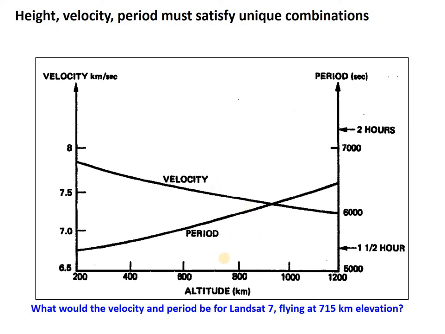So we could use a figure like this to ask, what would the velocity and period be for Landsat 7 flying at 715 kilometer elevation? It would have a period of somewhere between 1.5 and 2 hours.